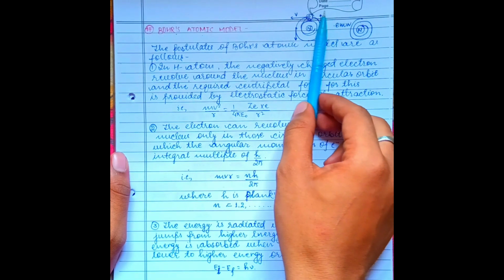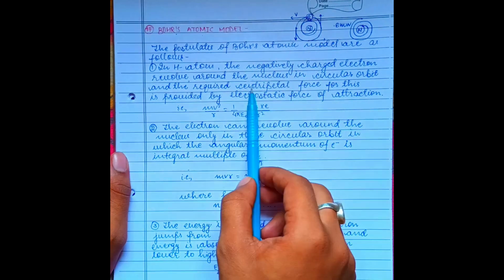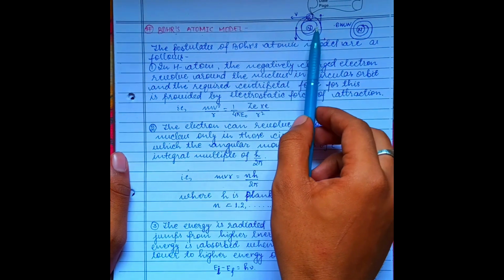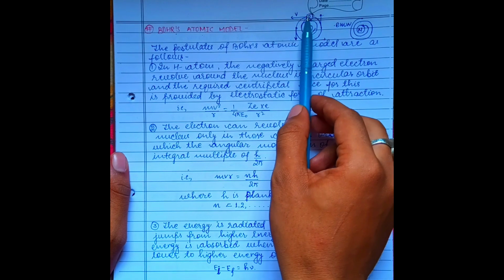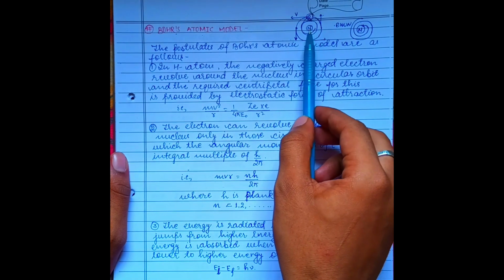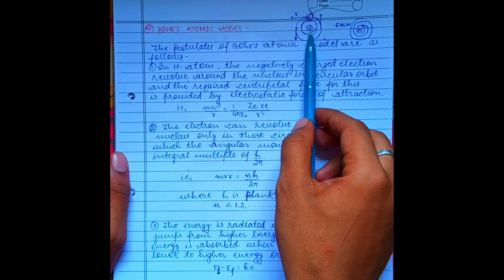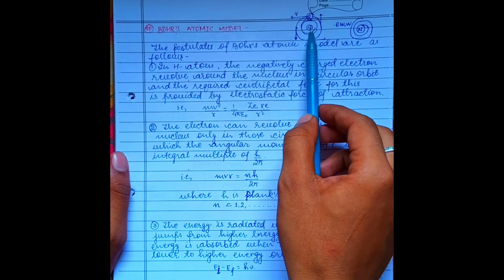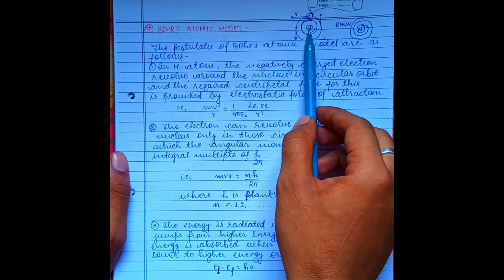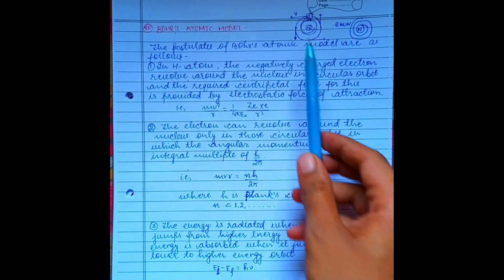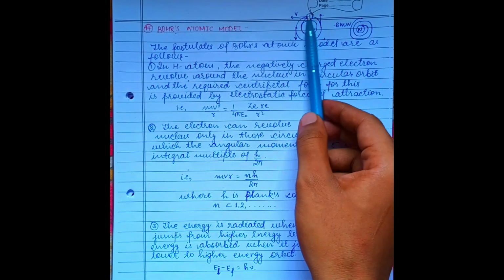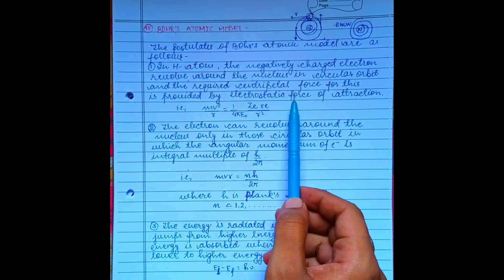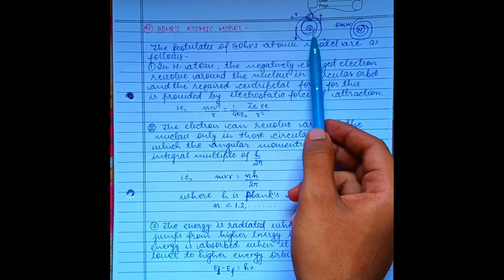If it is revolving around the nucleus, it will of course have some centripetal force. And since the electron is a negatively charged particle and the nucleus is a positively charged particle, there is some electrostatic force of attraction acting between them.